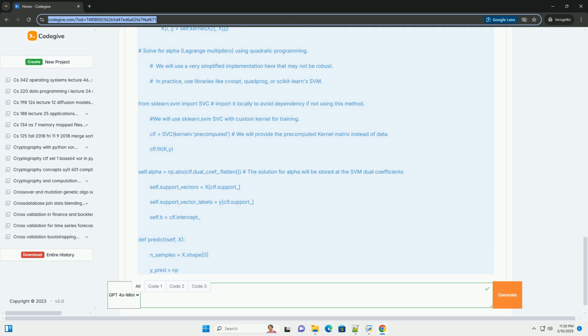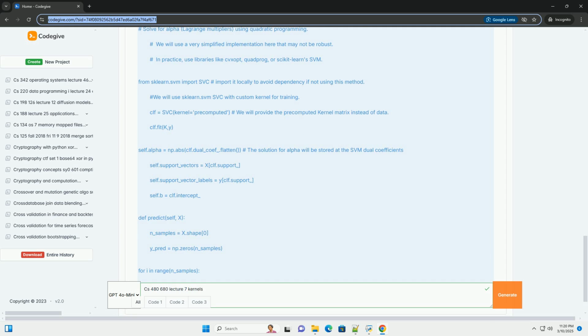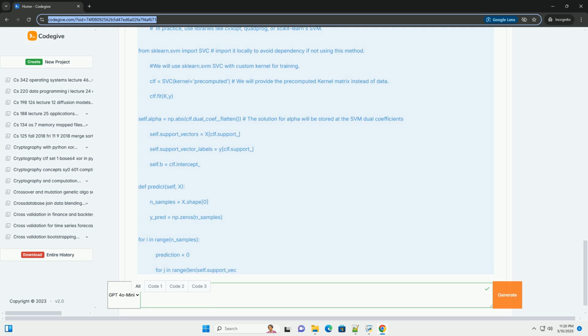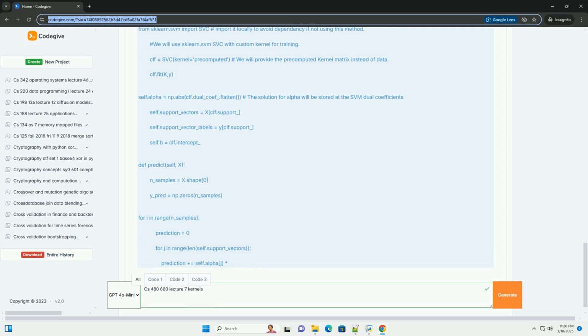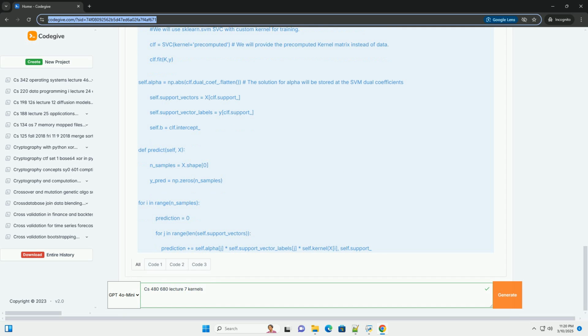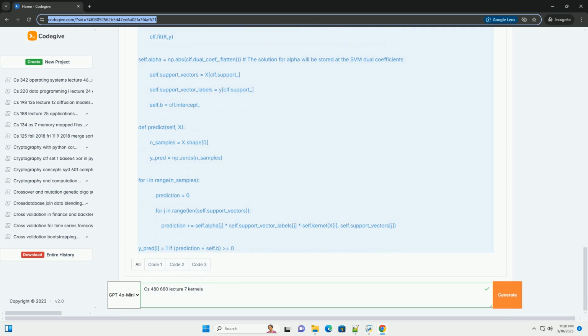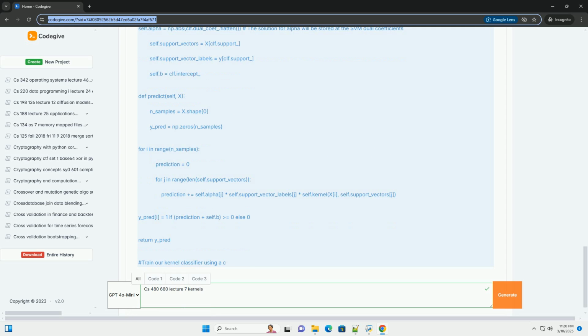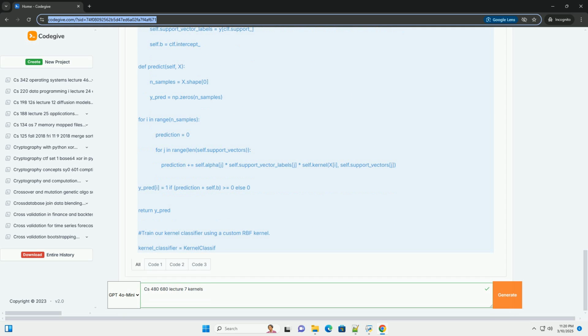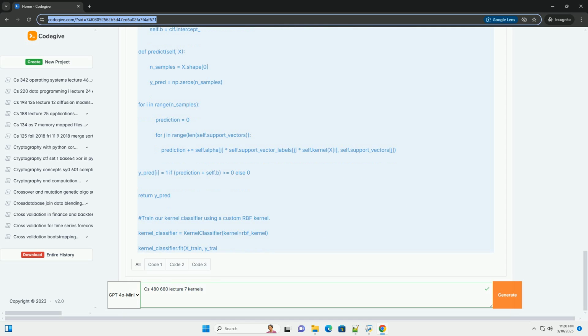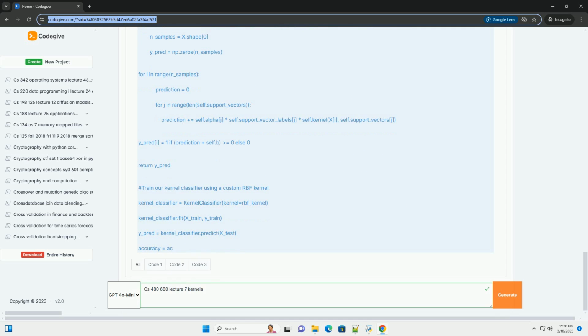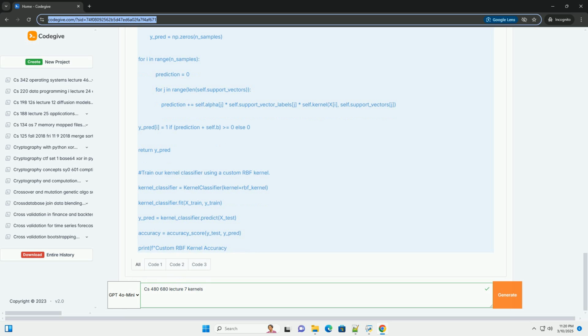Mapping function: phi, a function that maps the data points from the input space to the feature space, phi(x). For example, phi(x) = (x0^2, x1^2, x0*x1) maps a 2D point x to a 3D space.